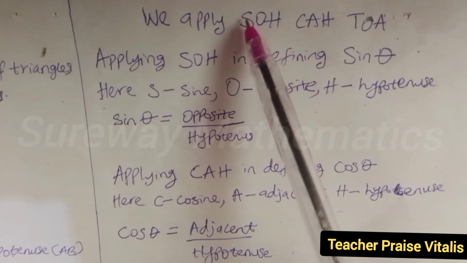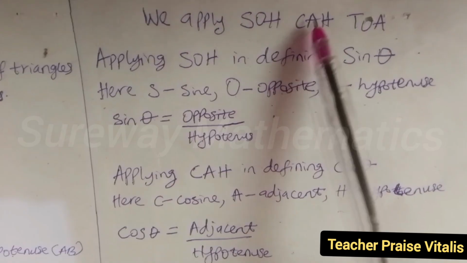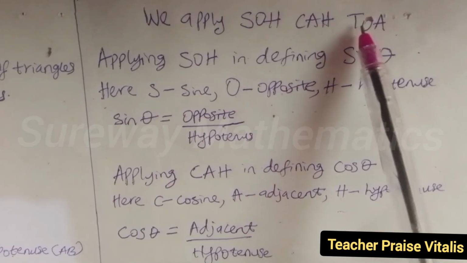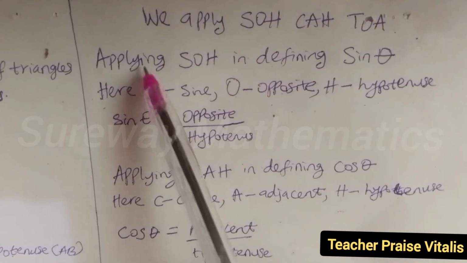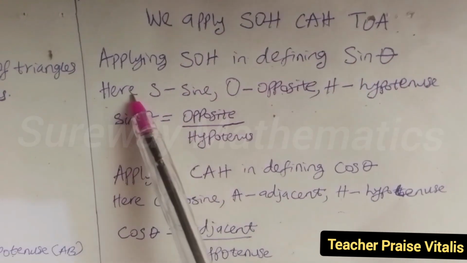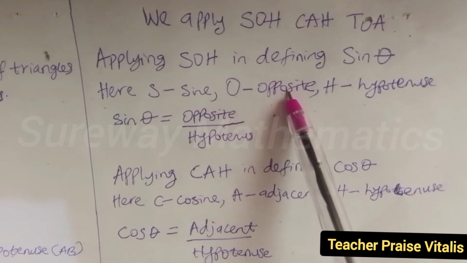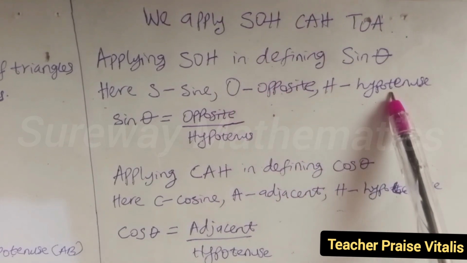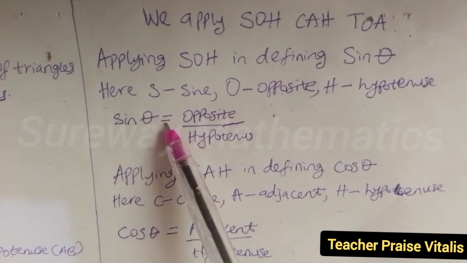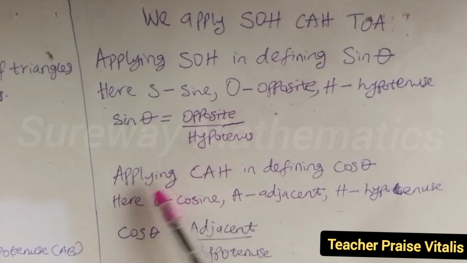It is spelled SOH, CAH, TOA. Applying SOH in defining sin theta, here S represents sine, O for opposite, and H for hypotenuse. Sin theta equals opposite over hypotenuse.